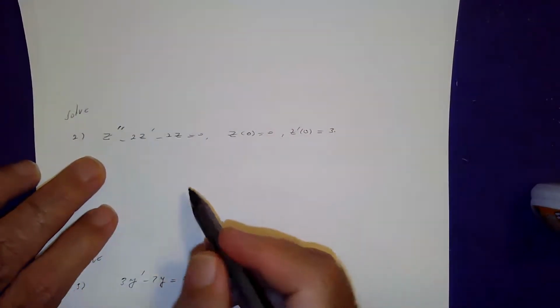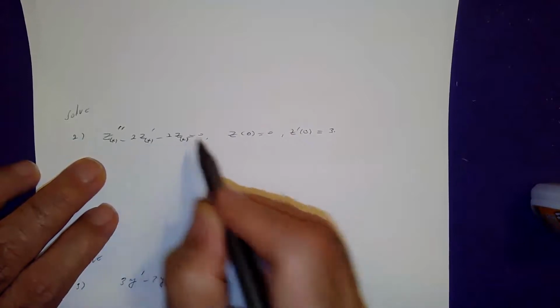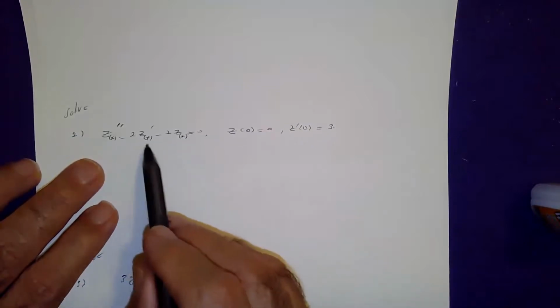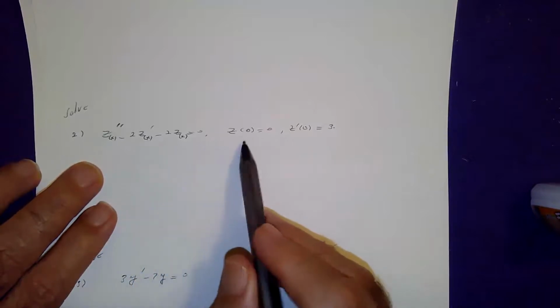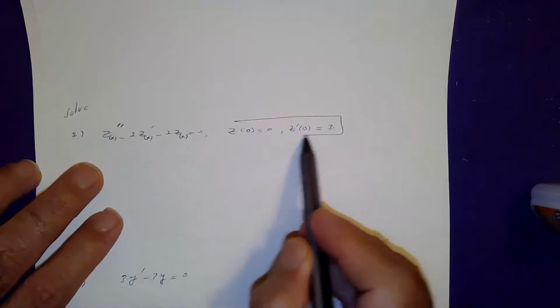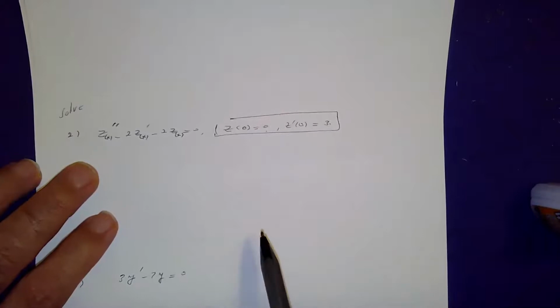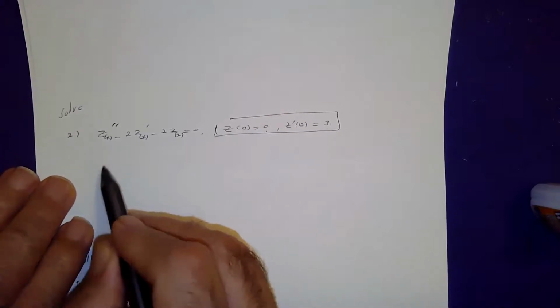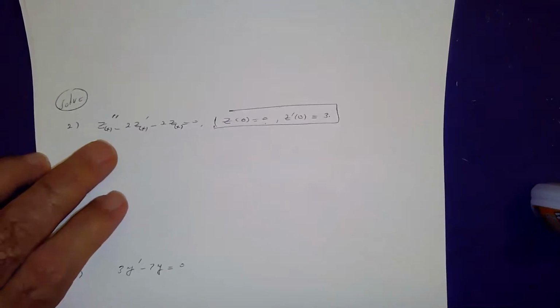z double prime, suppose these are functions of x, minus 2z prime minus 2z is equal to 0, and you have two initial conditions, namely z of 0 is 0, z prime of 0 is 3. So first of all, when they say solve, what am I solving for?